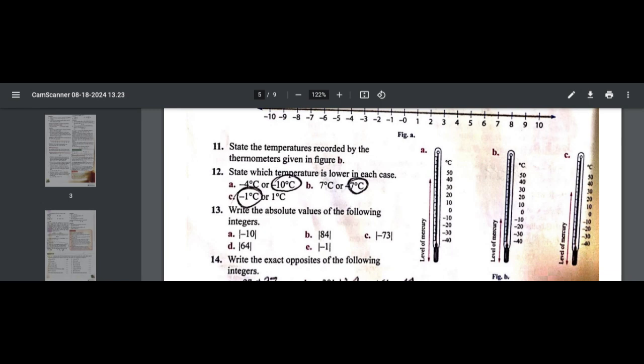Question number 11: state the temperature recorded by the thermometers given in the figure B. These are three different figures, and they are just giving the name of the temperature like A, B and C, but this is the whole figure B. So for the A thermometer, it is 40 degrees Celsius. Write it down.